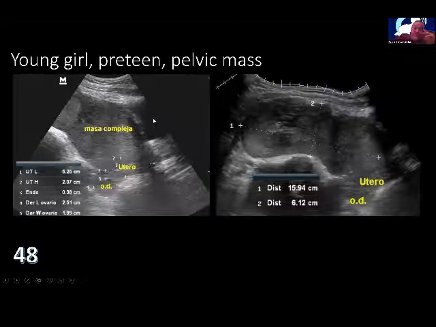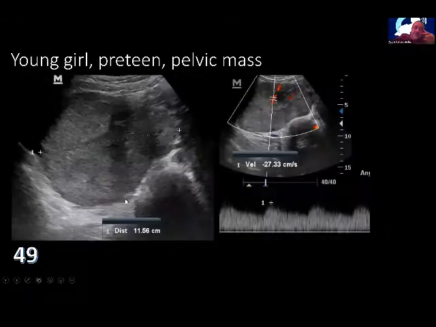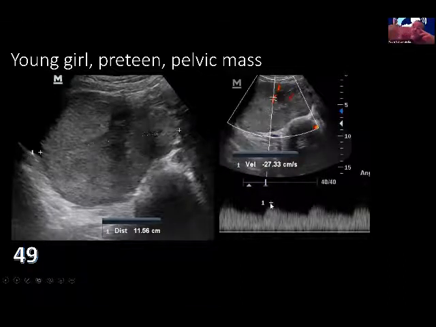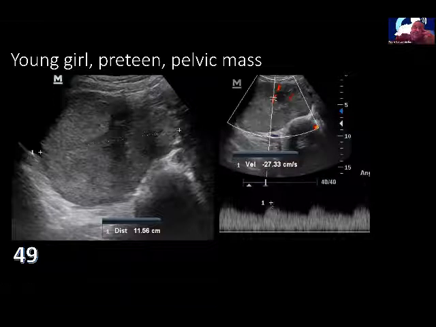Even with complex transducers, you can do that. So this is the uterus, the right ovary, and the complex mass, which has a blood vessel of low resistance. Typically, low resistance blood vessels, if not pregnant, is malignancy.